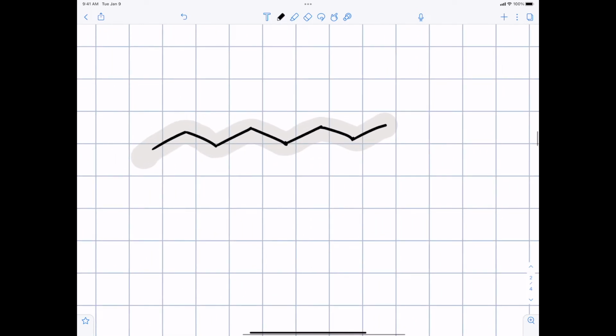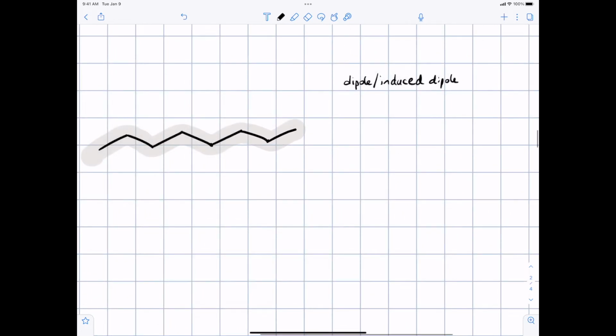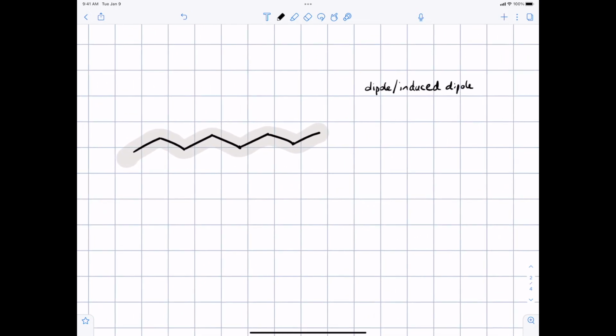So remember, the interactions that are available to water and octane would be van der Waals interactions, dipole and induced dipole interactions, which again are going to be about the same, maybe slightly stronger, but not very strong.